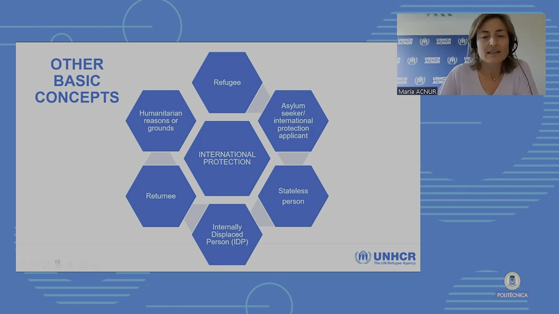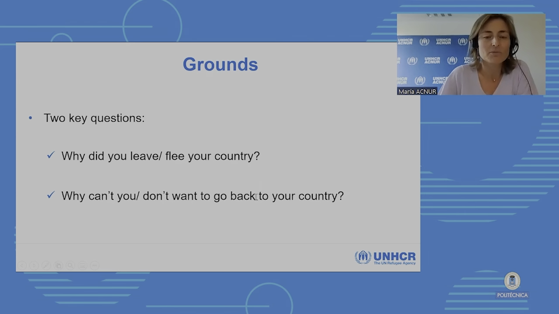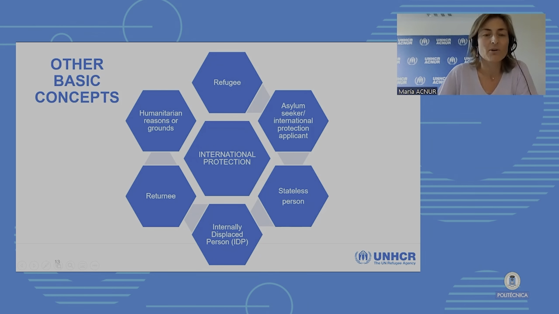And the last concept, maybe more complicated for you, is what we call humanitarian reasons or grounds. I'm going to explain a bit on that, unless someone wants to jump in and has an idea of what we mean when we talk about humanitarian reasons, which can be understood very differently in the different countries and contexts.